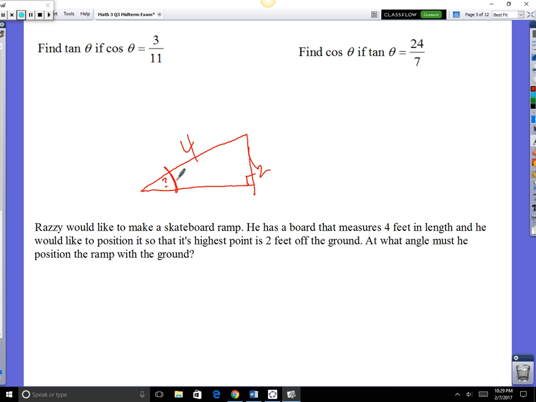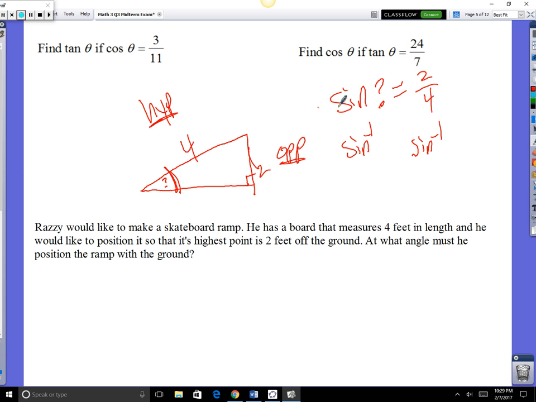So if we mark it from here, that would be our opposite piece, and this would be our hypotenuse. So the trig that's going to marry opposite with hypotenuse is sine. So the sine of that angle equals 2/4 or 1/2. So now solve for that, undo the sine. So I'm going to inverse sine on the left, inverse sine on the right.